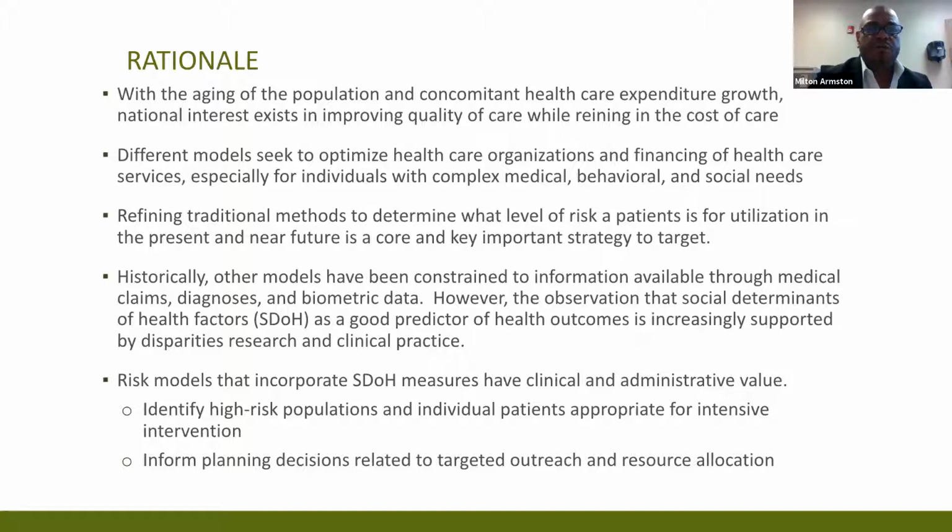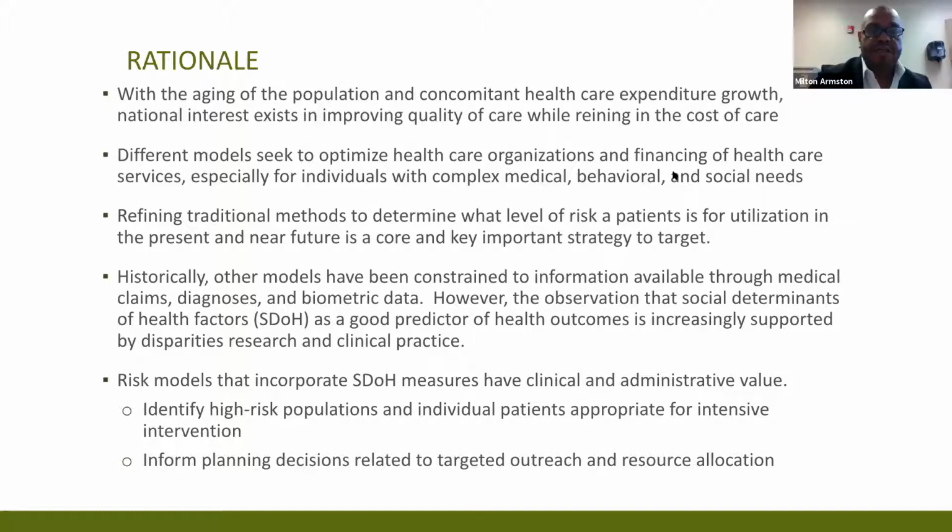Also, the different models looked at optimizing healthcare organizations to address the complex patients that we deal with. So not only are we looking at the physical health, but we're also looking at the mental health of our patients, patients that have substance use disorders, and on top of that, including how the social environment impacts their health and their health outcomes.